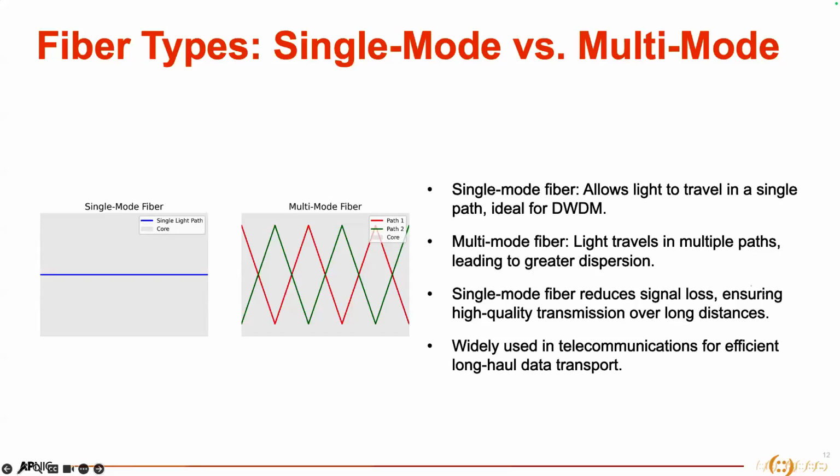For multi-mode fiber, we basically use them in data centers or in our equipment racks, from one rack to another. For single mode, we use them in long haul communication from one city to another. So this is the major difference between these two fibers.